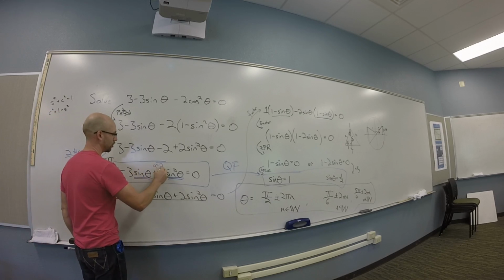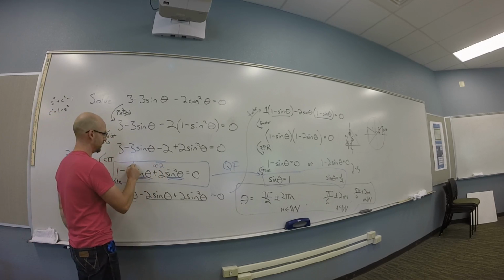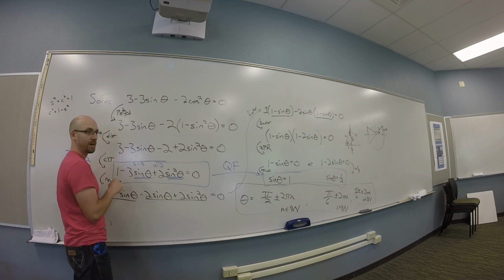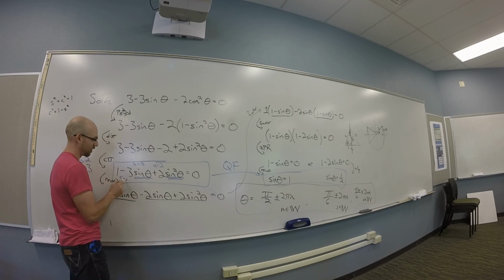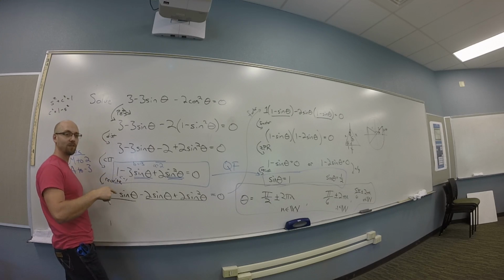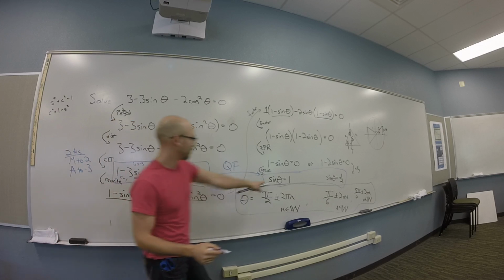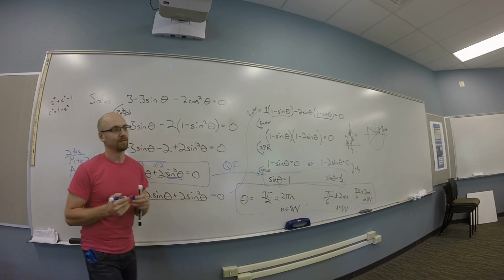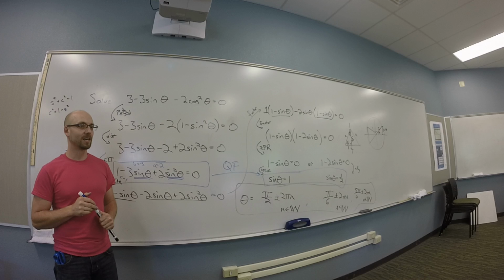So your A is 2, your B is negative 3, and your C is 1, right? And then you're not solving for x, you're solving for sine theta. So then you'll get these. That might actually be a faster way.